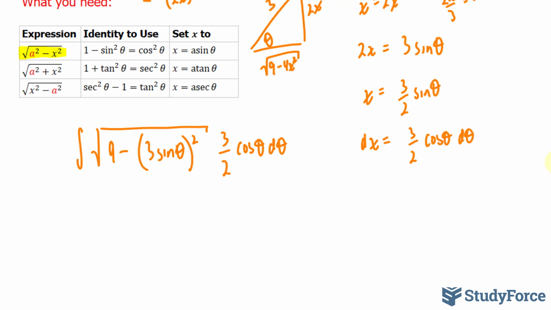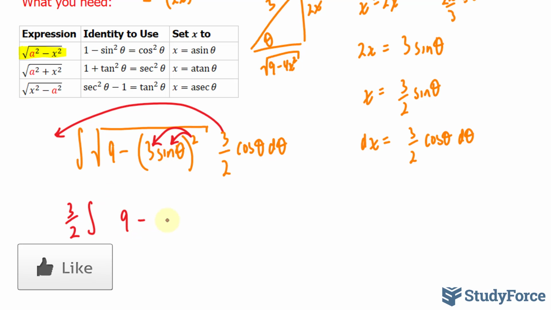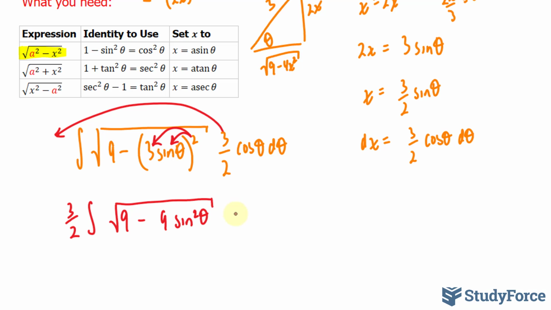We'll have to change it back to x at the very end. But first, I'll take this 3 over 2 outside of my integral, and I'll distribute this 2 to both this factor and the sine theta, giving me 3 over 2, or 1.5, times the integral of 9 minus 9 sine squared theta, square rooted, cosine theta d theta.